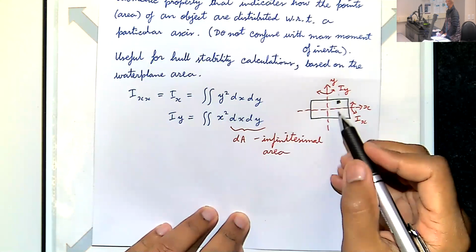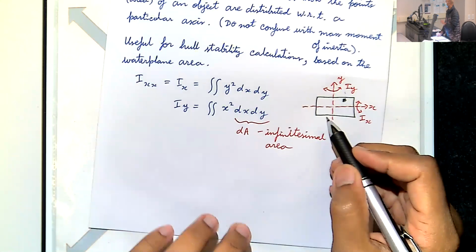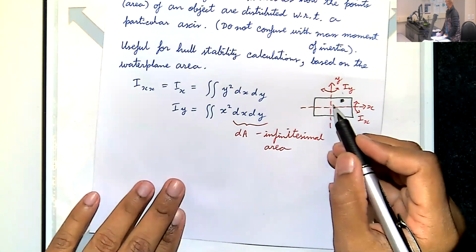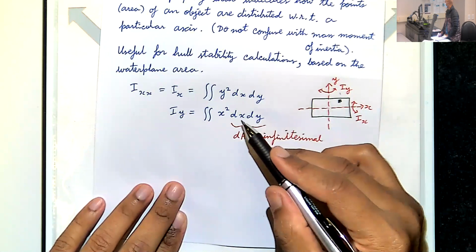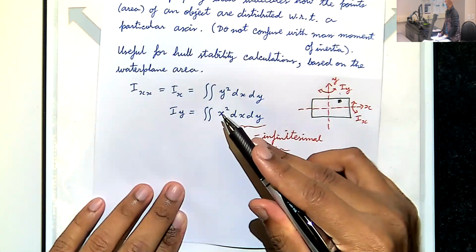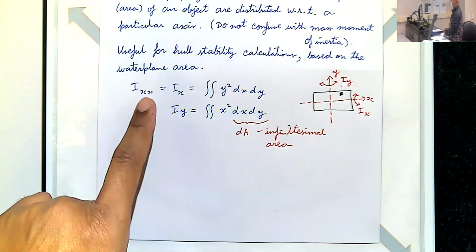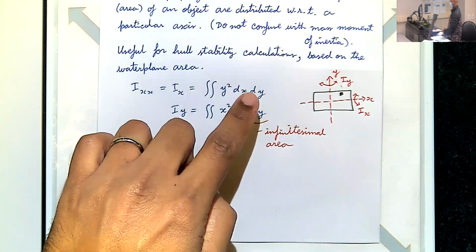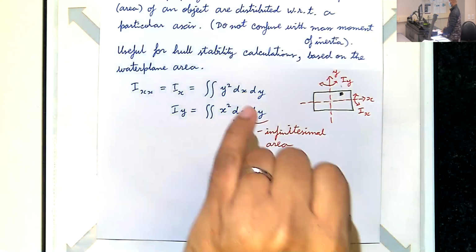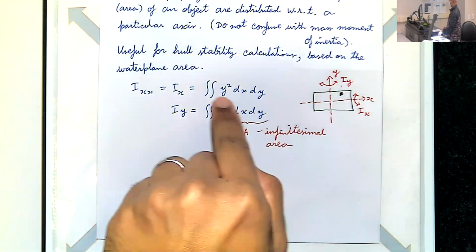Same thing, if you talk about how far this tiny square is from the y-axis, you think about the x coordinate. So the distance squared is the x squared part times the area. When you talk about the mass moment of inertia, it's the same: r squared times dm. You just figure out how far from the axis, that's your r.